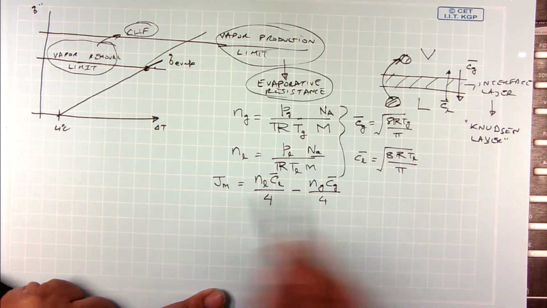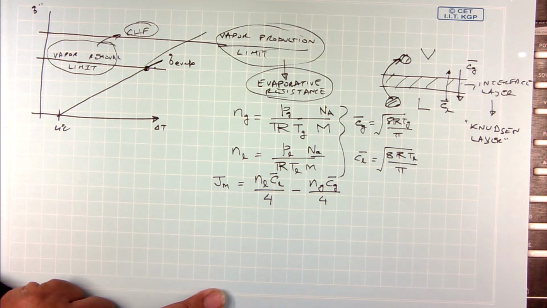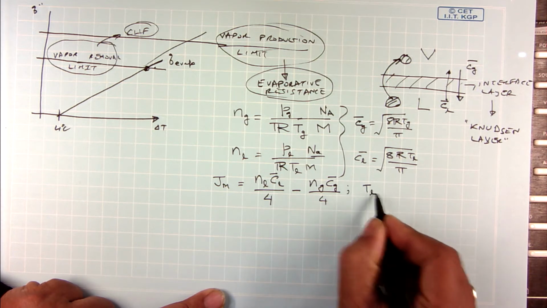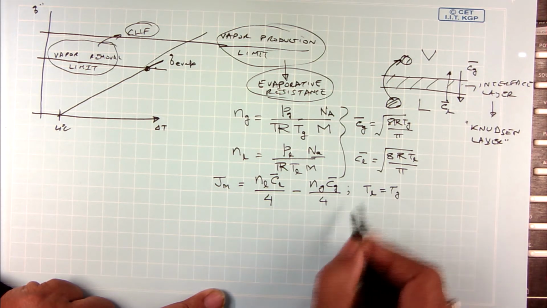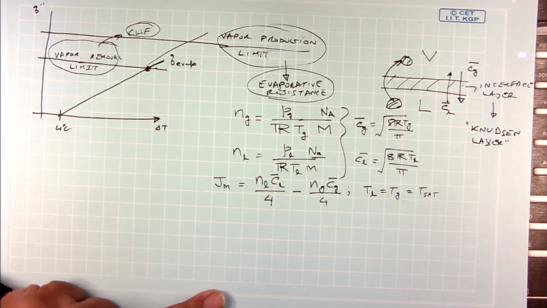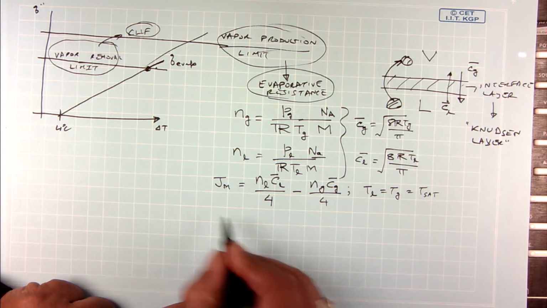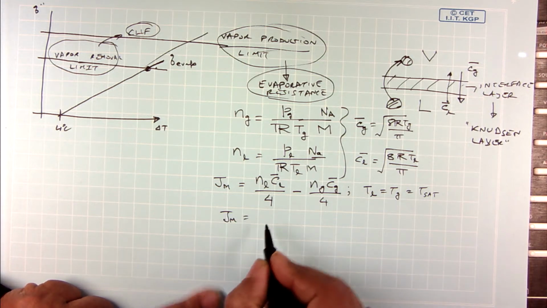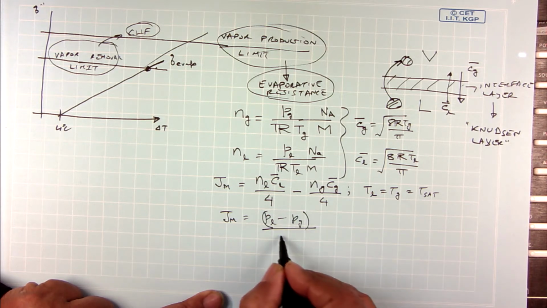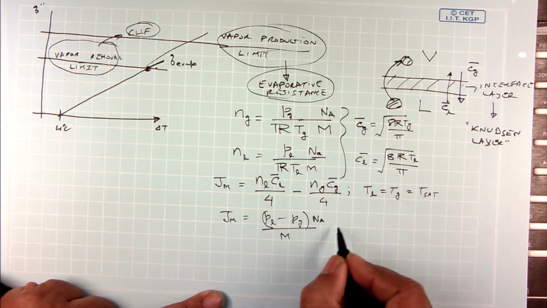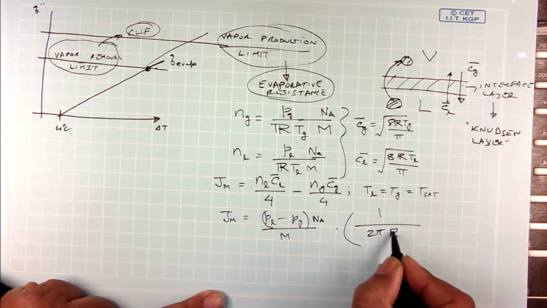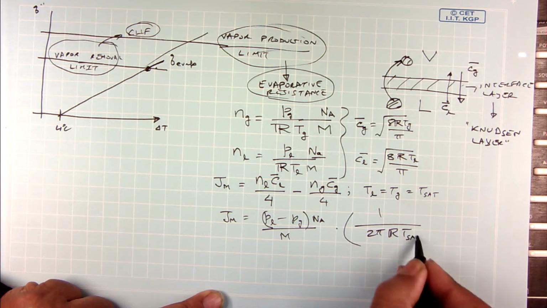So if I substitute the numbers and I make the assumption that the temperature is the same in the liquid and the gas, so TL is equal to Tg is equal to Tsat, then Jm, the net mass flux from liquid to vapor, comes out as PL minus Pg divided by M times Na, and then I get 1 by RT sat to the power of half.